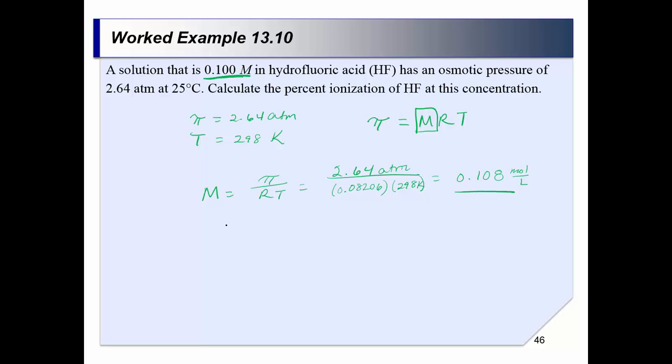So that difference divided by what we've started with times 100 equals the percent ionization. Now again, the difference in the concentration of particles we calculated and what we started with is the number of particles in solution.